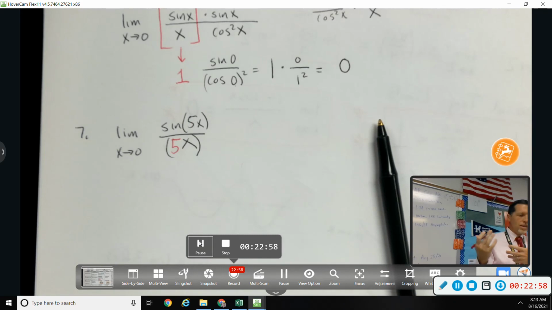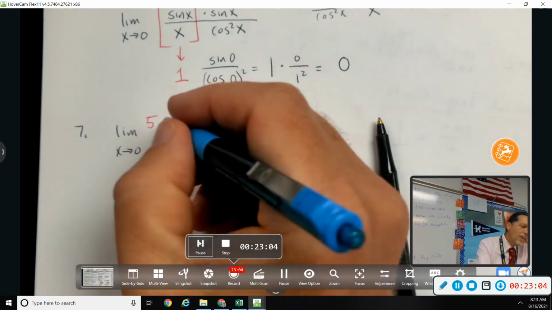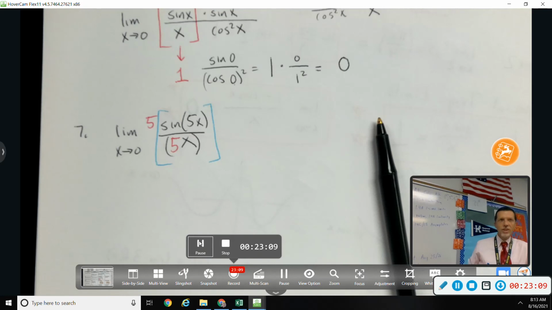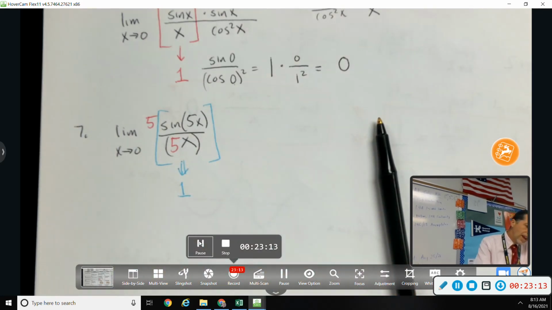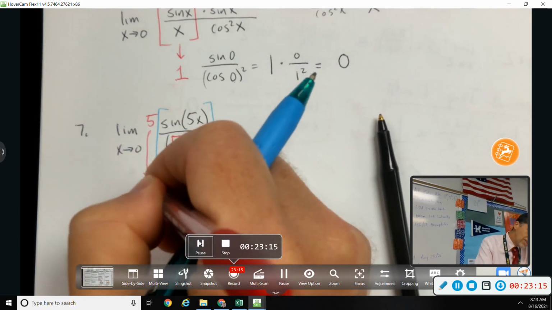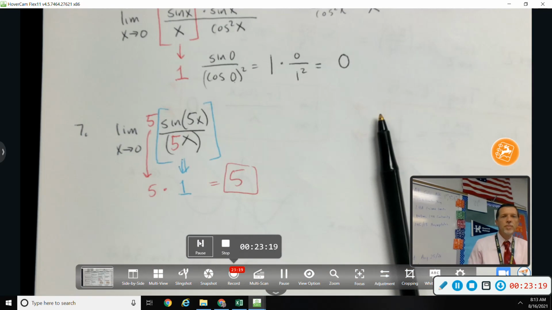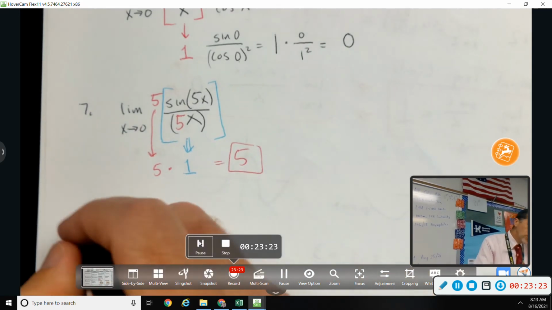I could put one in up top here. And now, that part's equal to 1. And that 5 that we added on is still out front. So 5 times 1 is 5. So another kind of algebra trick to make things work.